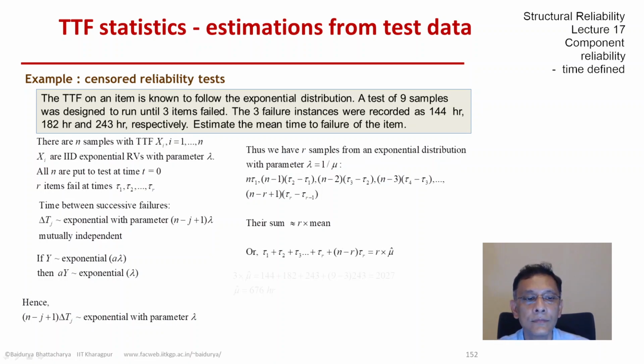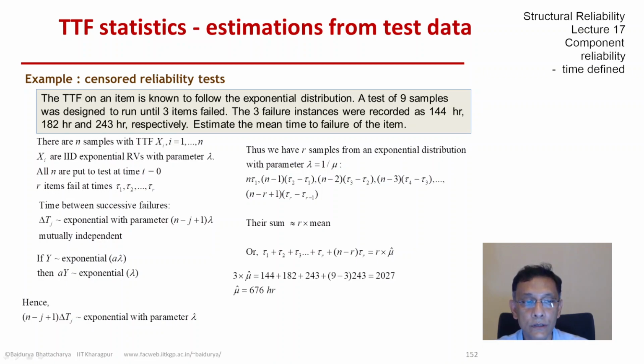This simplifies to the sum of tau 1 up to tau r, and then n minus r times tau r, the last recorded failure time, which is equal to r times the estimated mean. If we now plug in the values, r is equal to 3 in this example, we get an estimated mean of about 676 hours.